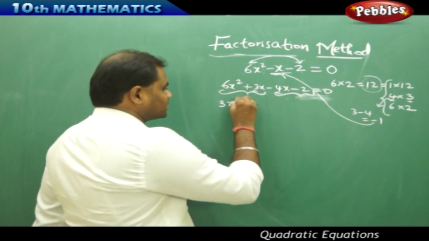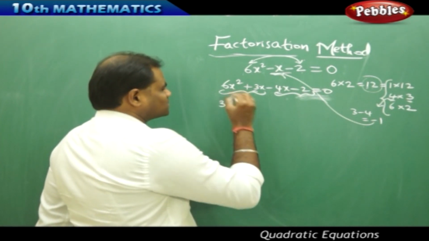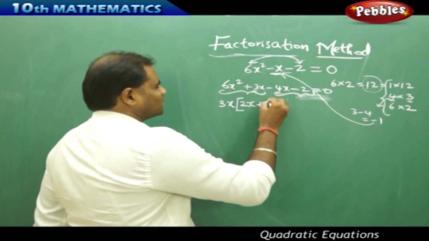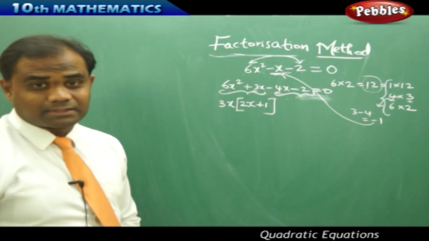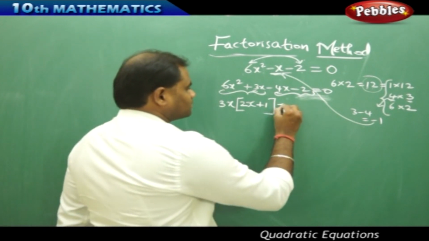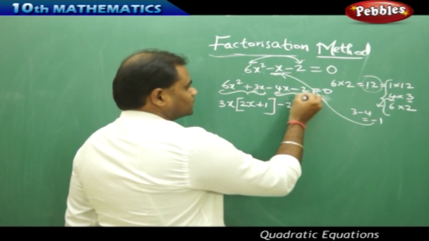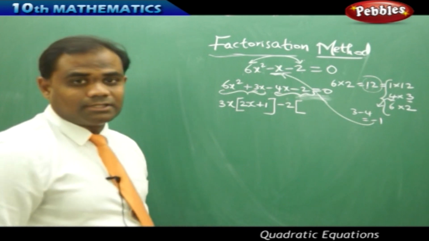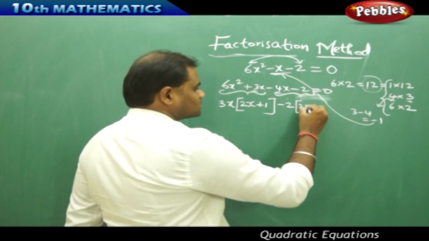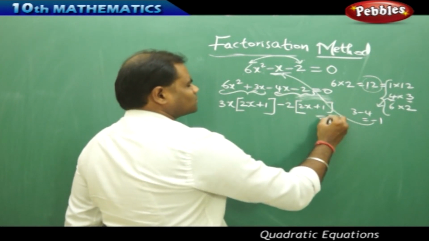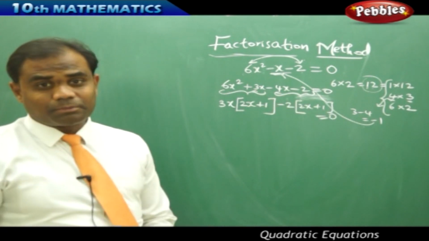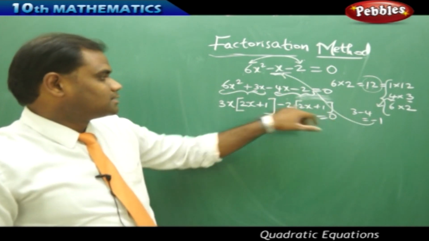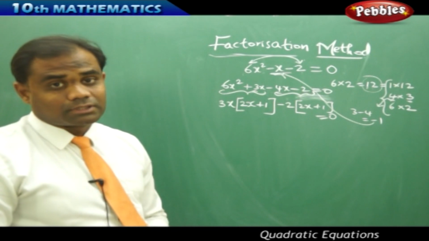So finally, when 3x is taken common, I get this to be 2x plus 1, which comes inside the brackets. Similarly, I can take minus 2 common out here, where the remaining terms inside would be 2x plus 1 equal to 0.